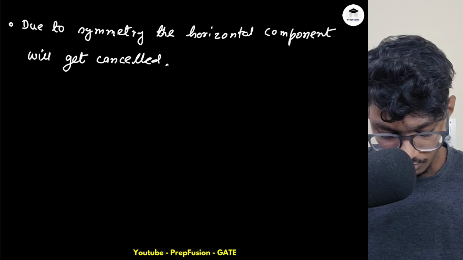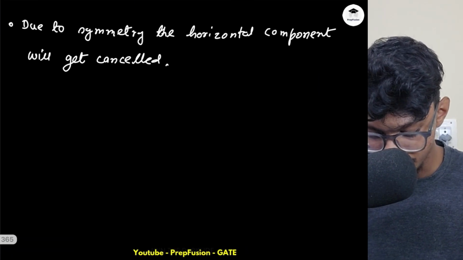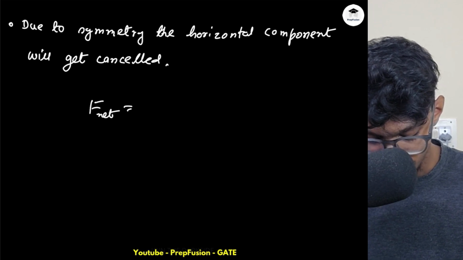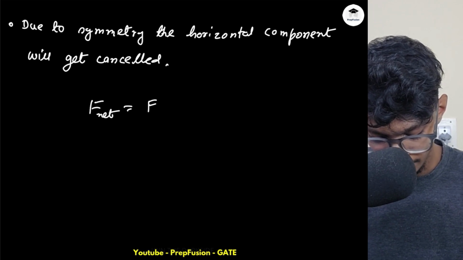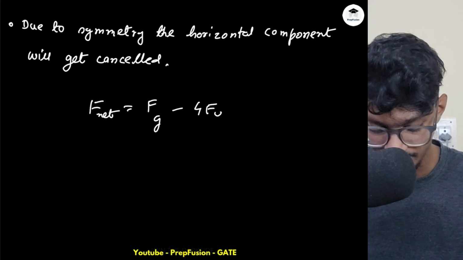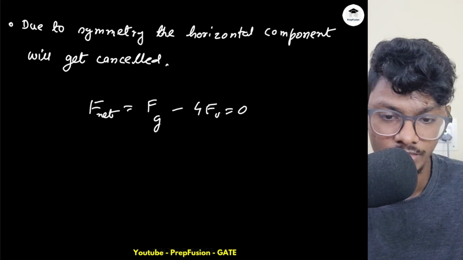Okay, only the vertical component will remain. So all four will have additive vertical component. So F net on the charge q will be F due to gravity minus 4 times F due to the vertical component. This has to be equal to 0. As mentioned, the charge needs to be stationary.